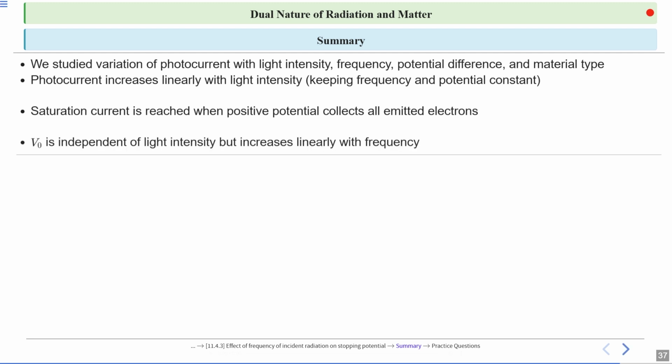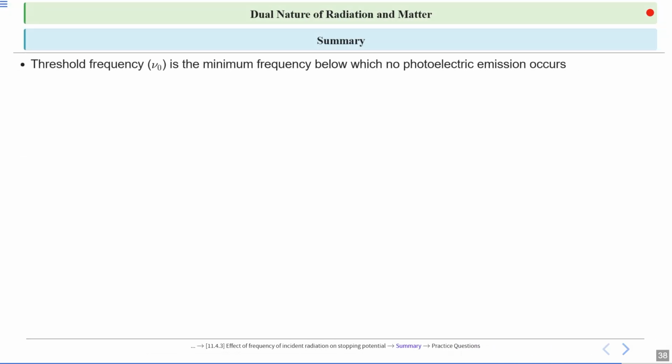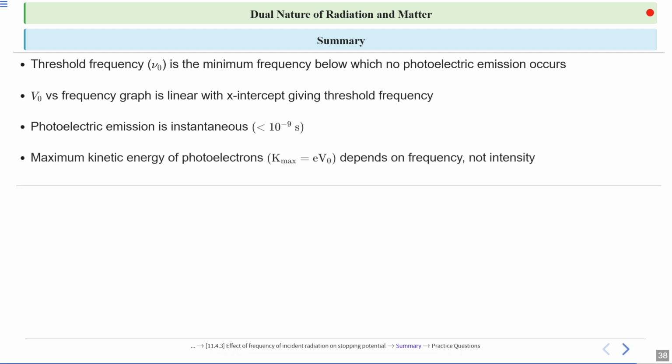V naught is independent of the light intensity but increases linearly with frequency. Threshold frequency nu naught is the minimum frequency below which there is no photoelectric emission. The V naught versus frequency graph is linear with the x-intercept giving the threshold frequency. Photoelectric emission is instantaneous, and the maximum kinetic energy of photoelectrons depends on frequency, not intensity.